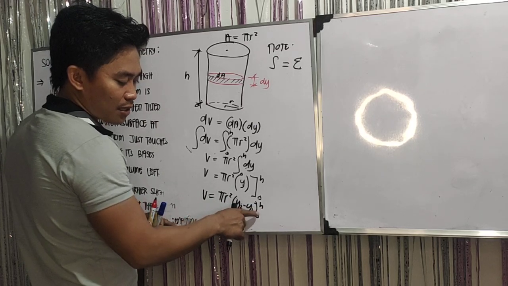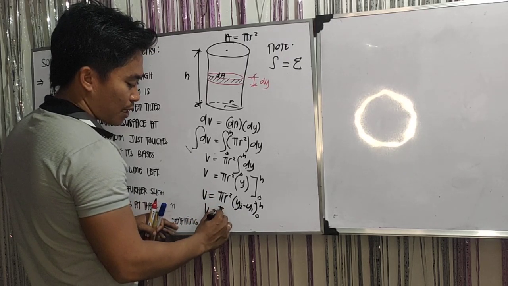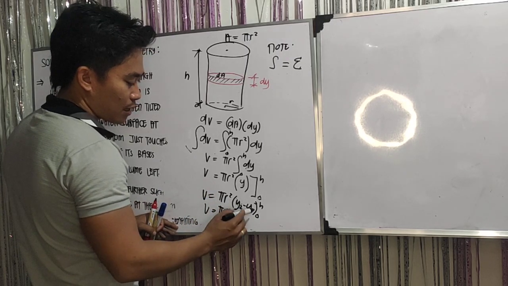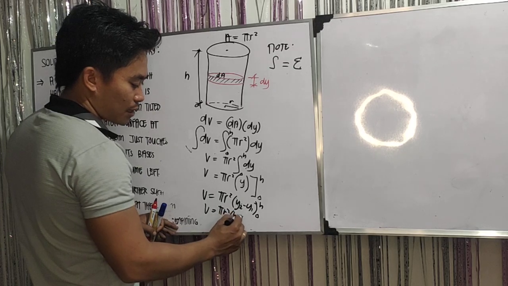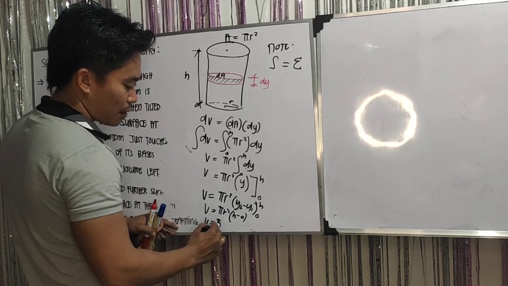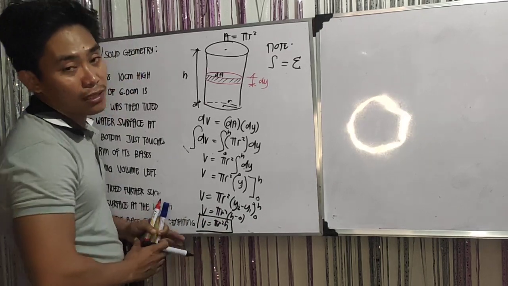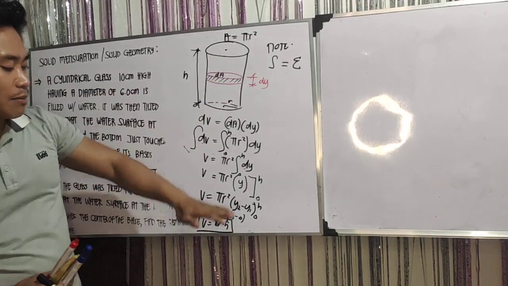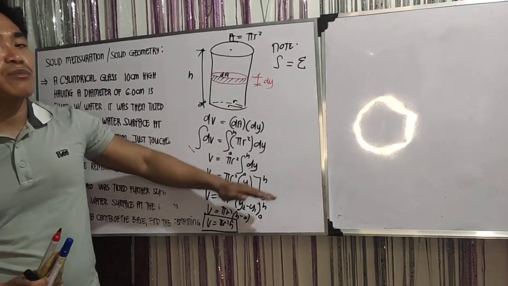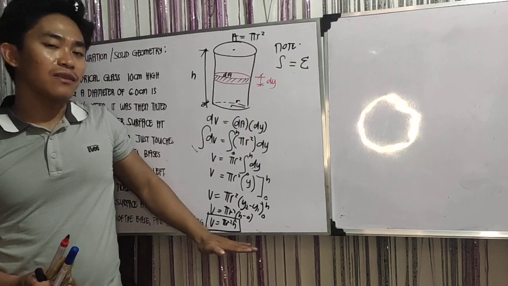This is the upper limit, this is the lower limit. So, V therefore is just pi r squared times h minus 0, or simply, the volume of that is pi r squared times height. So, indeed, the volume of the solid is simply pi r squared h. Whether gamitin mo ng prismoidal formula or by calculus, it will give you the same result.